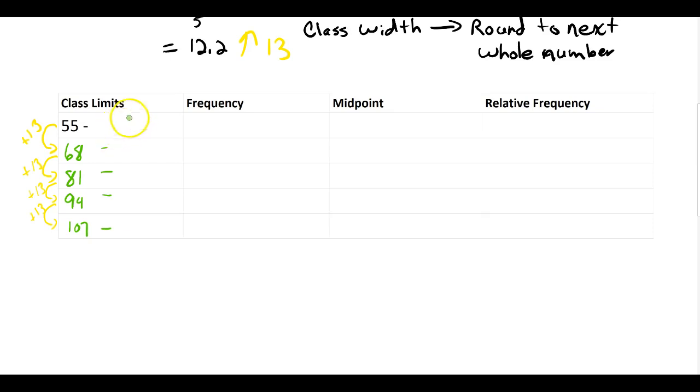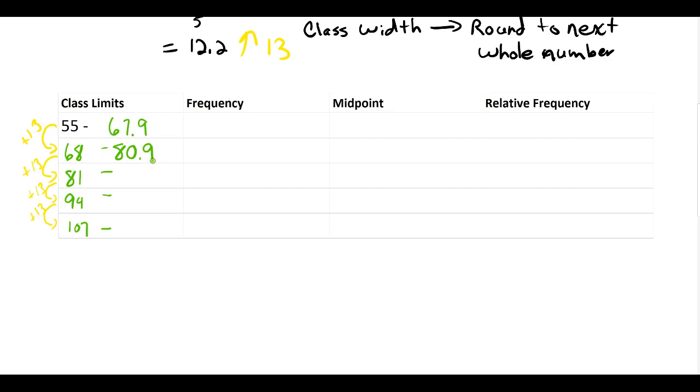So my upper limits here, if this class starts at 68, this class is going to end at 67.9. In other words, the value that is the closest to 68. If the third class begins at 81, the second class is going to end at 80.9.